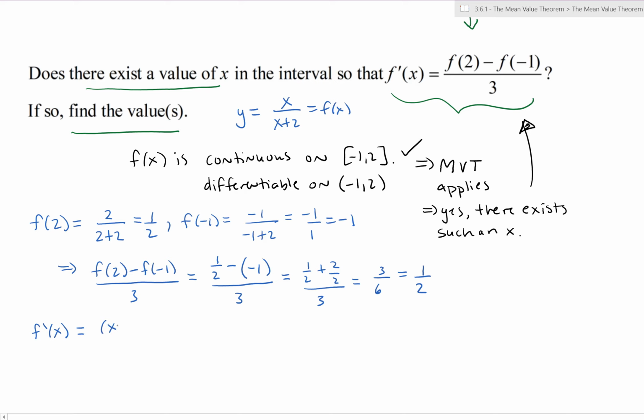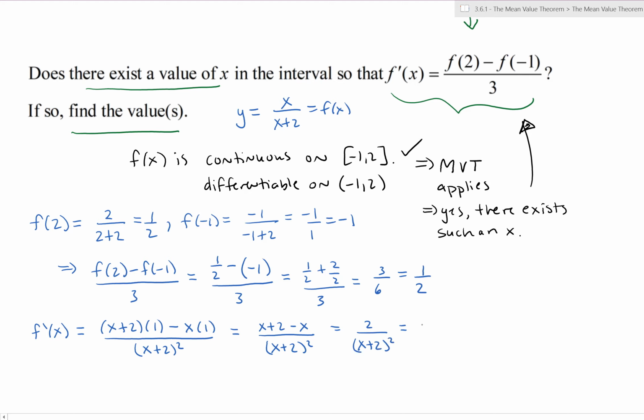It's going to be the denominator x plus 2 times the derivative of x in the numerator, which is just a 1, minus my x times the derivative of the denominator, which is a 1, all over x plus 2 quantity squared. What's that give us? An x plus 2 minus an x over an x plus 2 quantity squared, which is a 2 over an x plus 2 quantity squared.